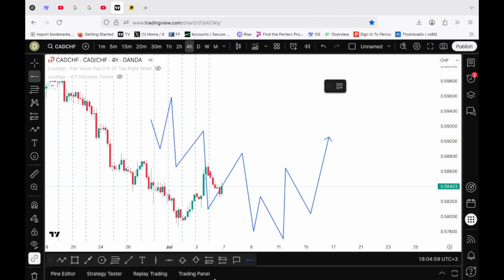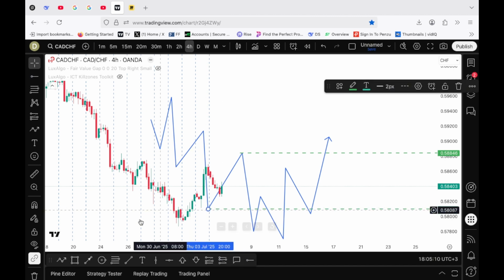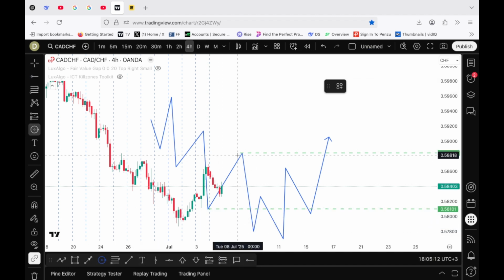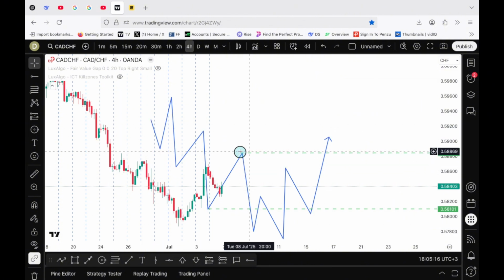So I want to first decide the last swing that broke a low. So this is where the price came from when it was breaking this low here. This is one of the most important swings. So when it's broken, then I can conclusively say the market structure has changed.